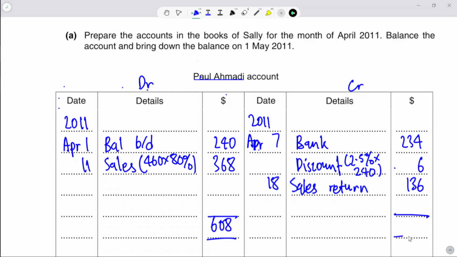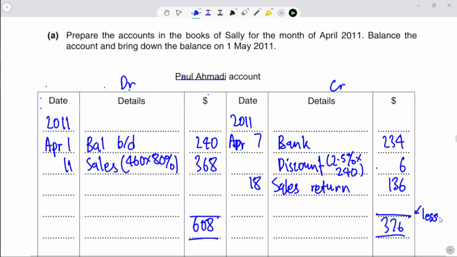Then this one you get 376, right? This one is lesser, so we put balance CD at the last day, and then this minus this.